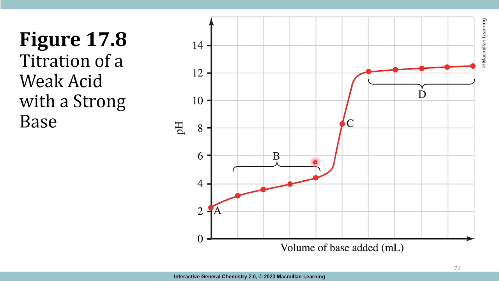Your B region. So in B, I'm going to be taking a base. I'm going to be neutralizing a part of that weak acid, right? And so when I have a pair of a weak acid and its conjugate base, does anybody know what that's called? There's a whole series of sections we've talked about it. It's called buffers. It's a buffer, right?